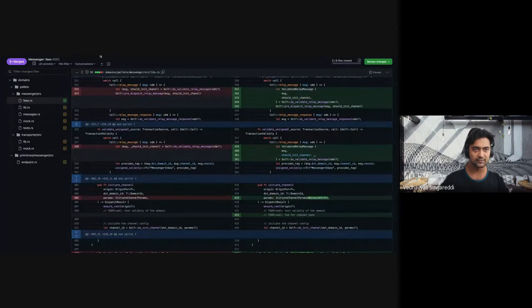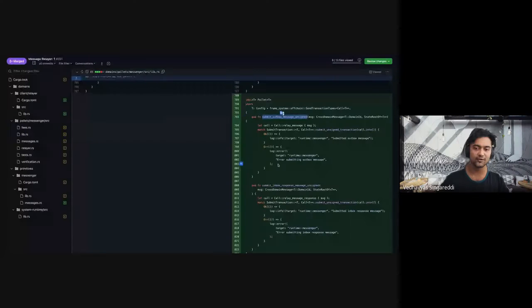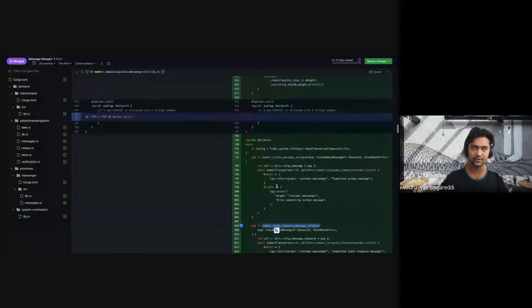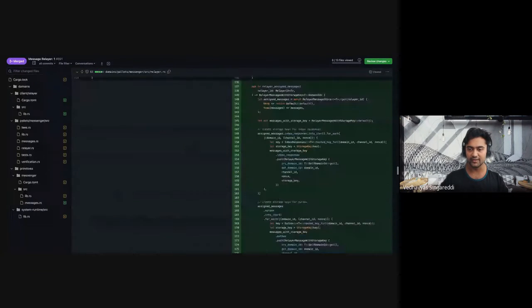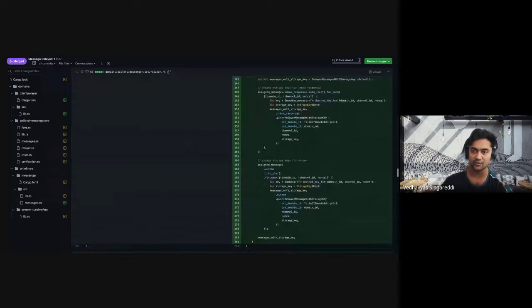Post this, the second one is the actual relayer. The first change to the relayer that went in was basically the core utility functions, such as submitting an outbox message or submitting an inbox message response to the destination domain. This PR essentially handles the core utility functions.